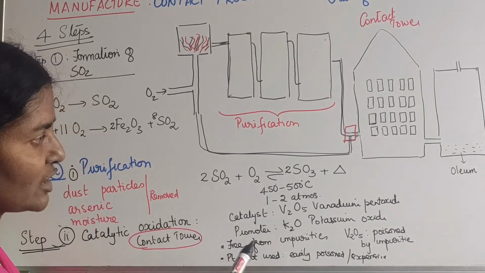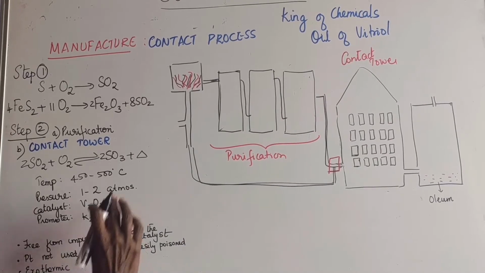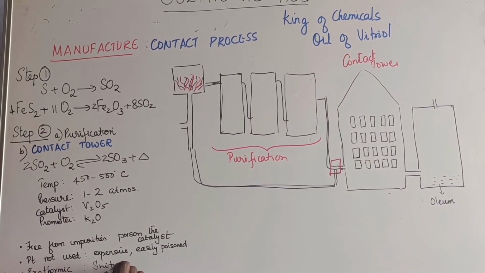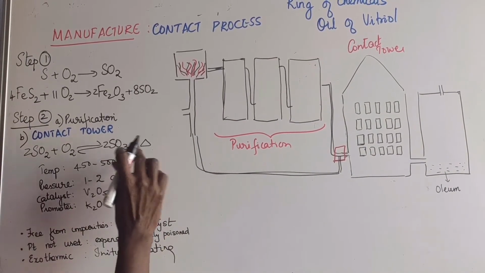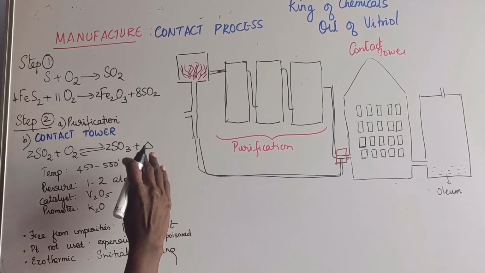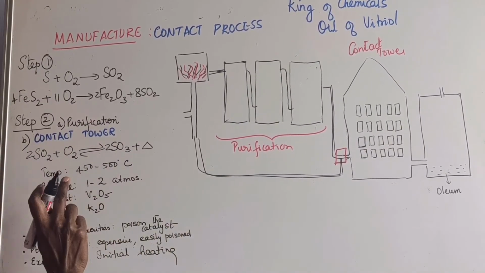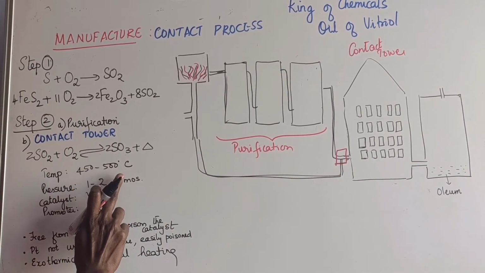The third point about this contact tower is the reaction is exothermic, which means initial heating is enough. Heat is liberated within the system, and that heat is enough to bring the reaction to completion. So temperature is optimum at 450 to 500 degrees Celsius.